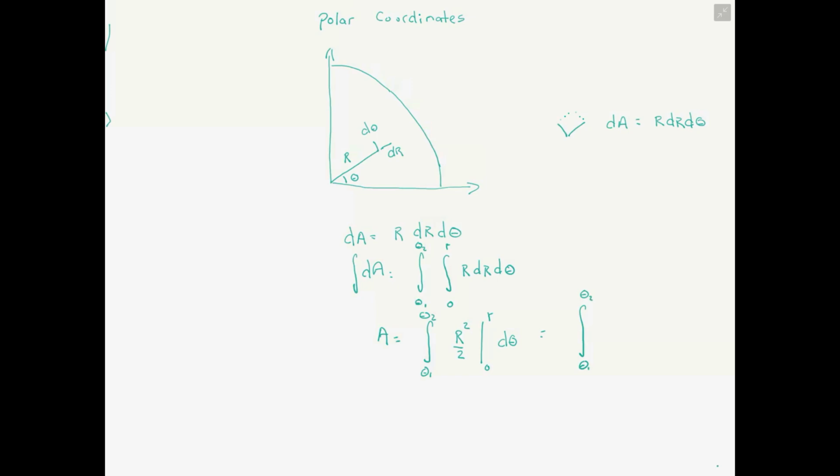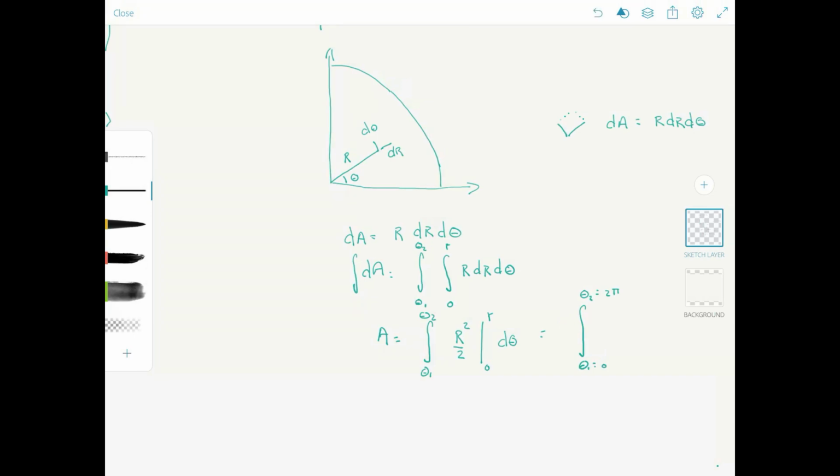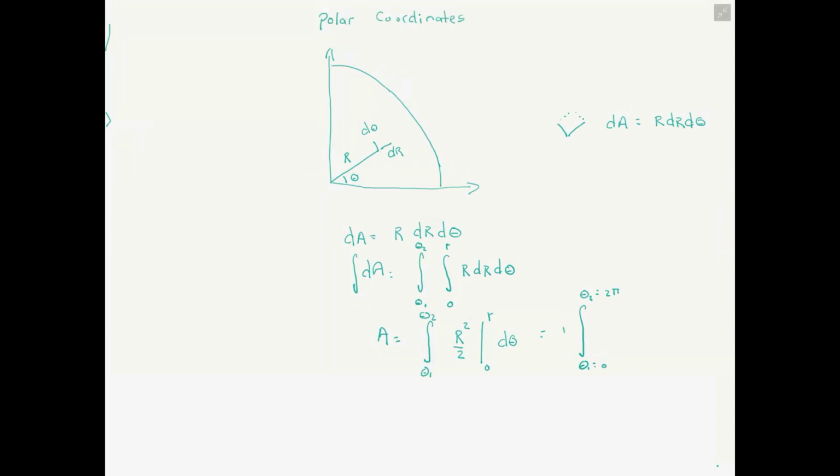And that gives us r squared over 2, little r that is, because little r is the radius of the circle, d theta. And d theta in this case is between 0 and 2 pi for a whole circle.